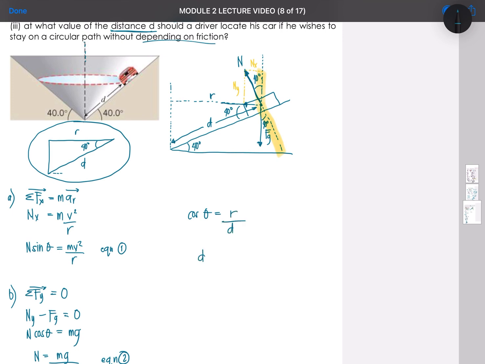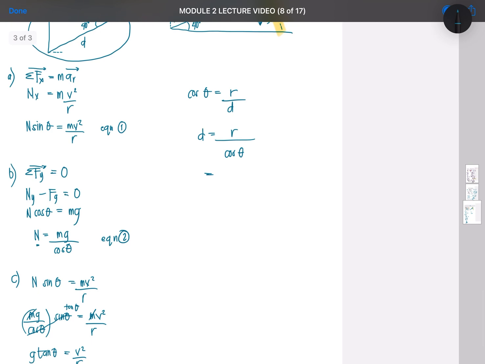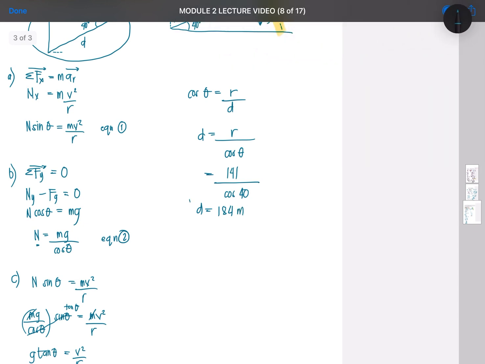And so solving for d, that is actually r all over cosine theta. The radius that we had, which is 141, divided by cosine 40, is equal to 184 meters. And so there, that is now our D.